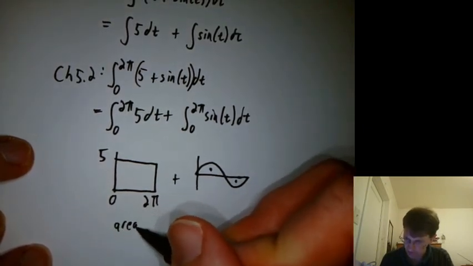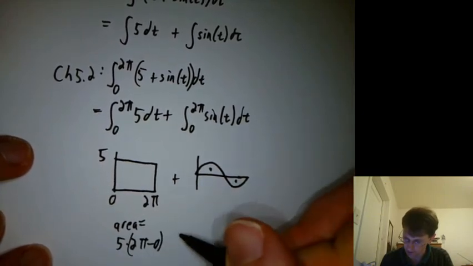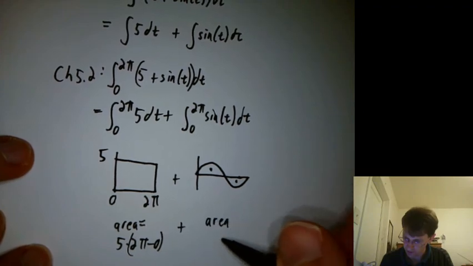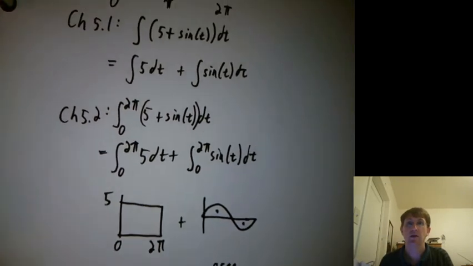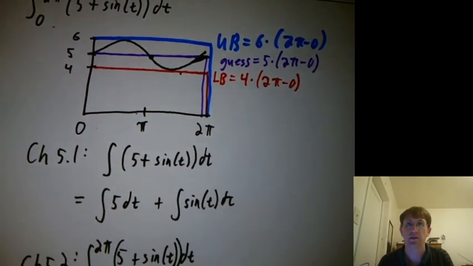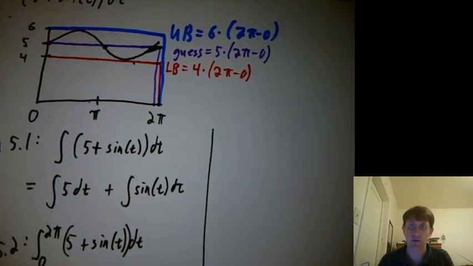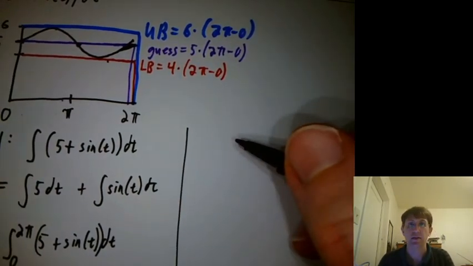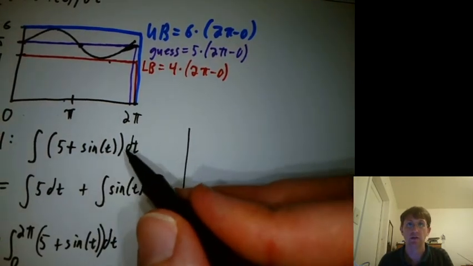So this area was 5 times 2 pi minus 0, and this area is 0. So we get a total area of 5 times 2 pi minus 0, which was exactly our guess. We are excellent guessers. So altogether, what we're seeing here is that you can split a definite integral into the sum of the definite integrals of the individual parts of the function.